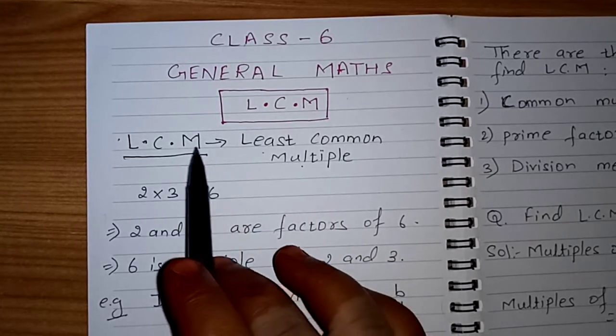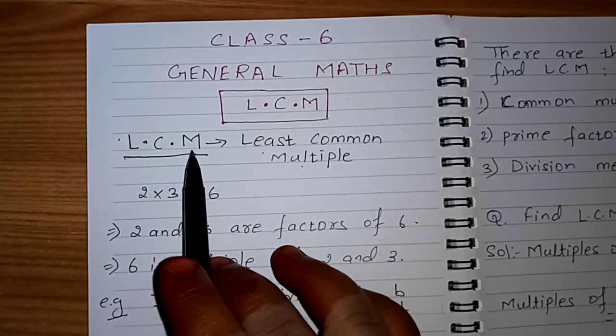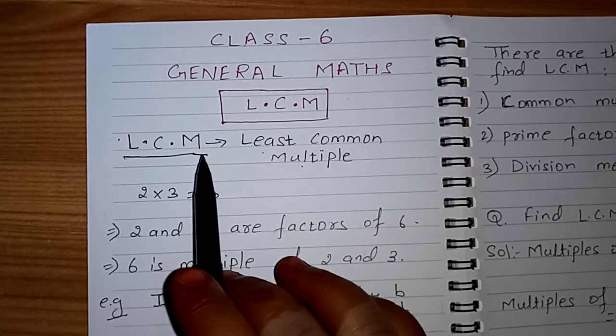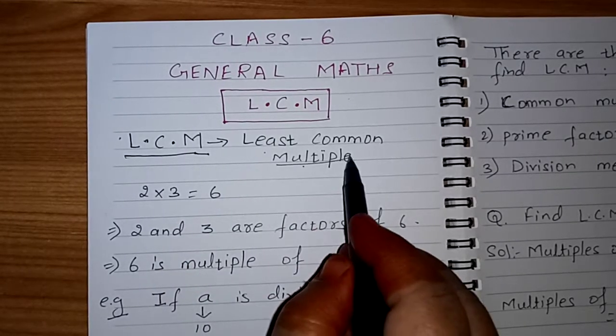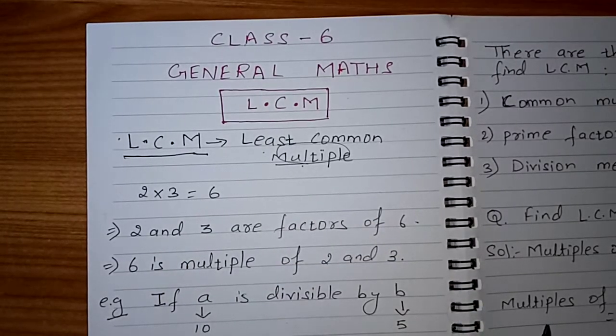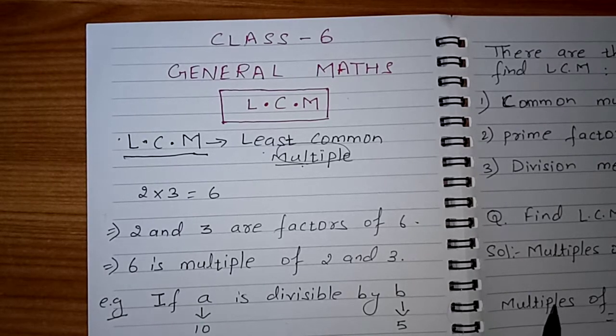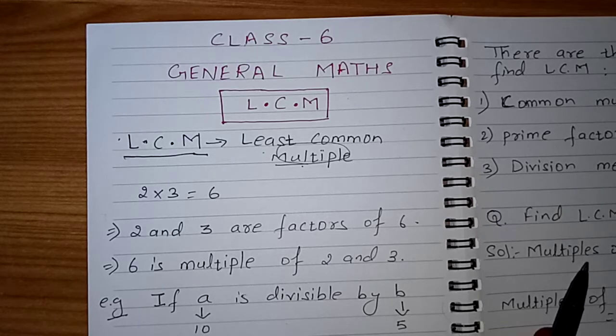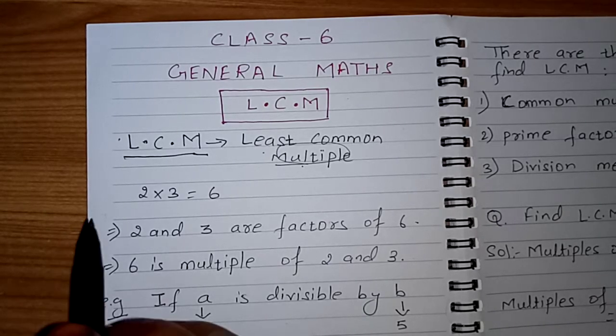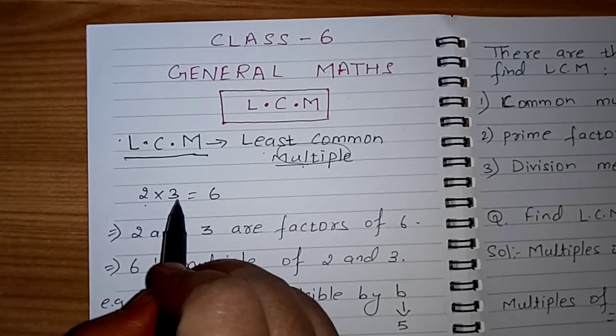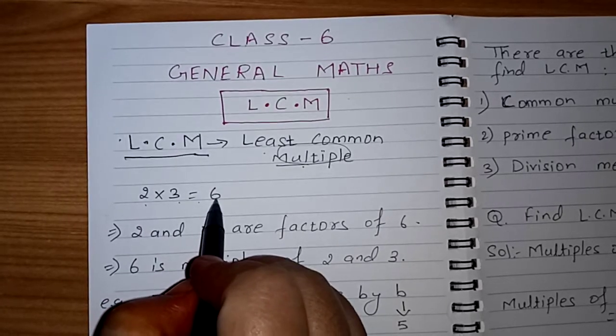Before going to LCM and the methods to find LCM, we must first know what a multiple is. So we must know the basics. Example: 2 into 3 is equal to 6.